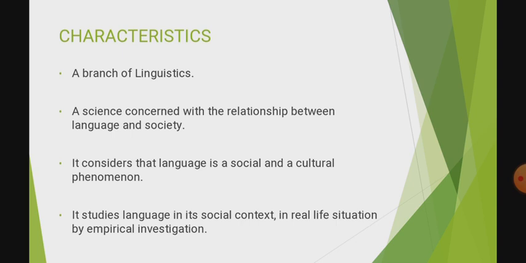You can take sociolinguistics as a science that deals with the relationship between language and society. It considers that language is a social and cultural phenomenon. It studies language in its social context in real life situations by empirical investigation.